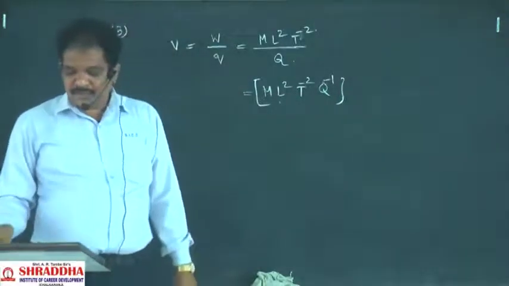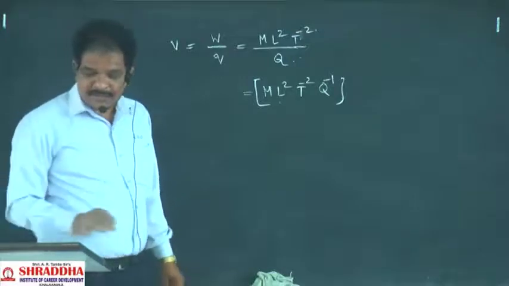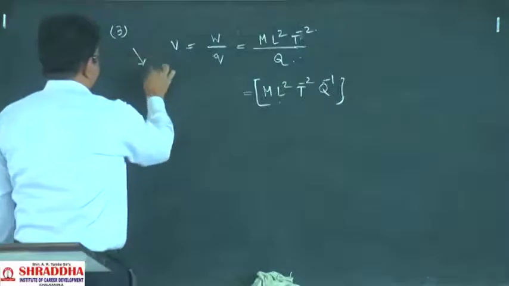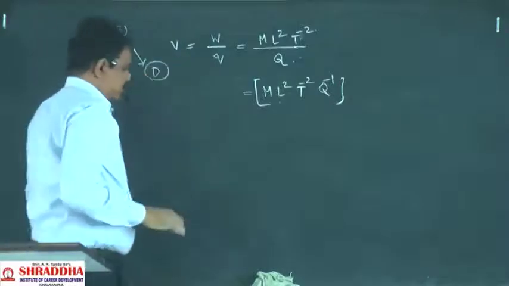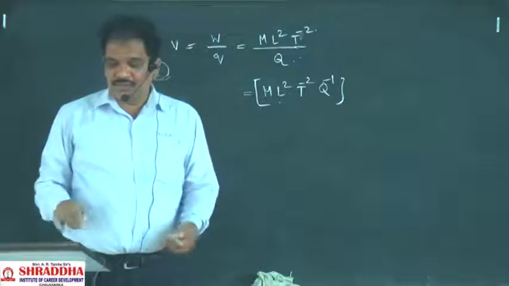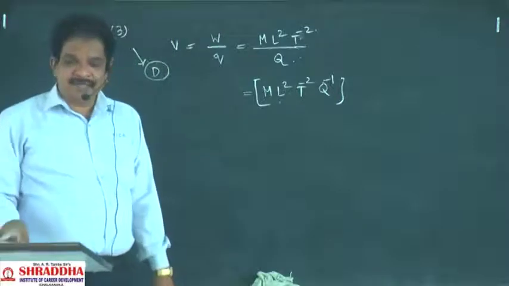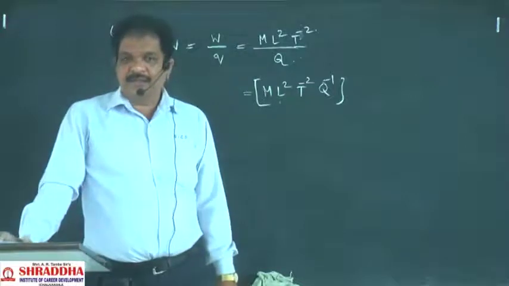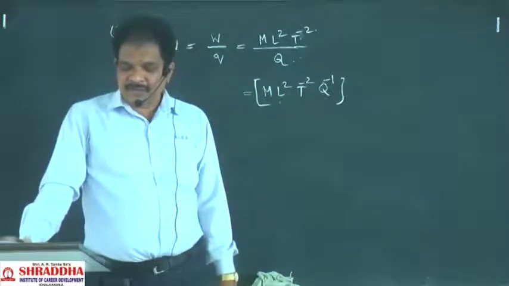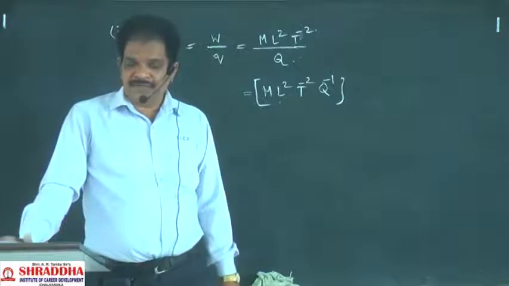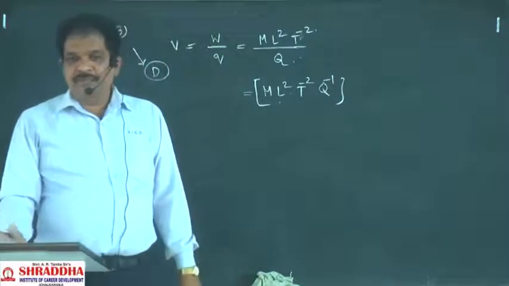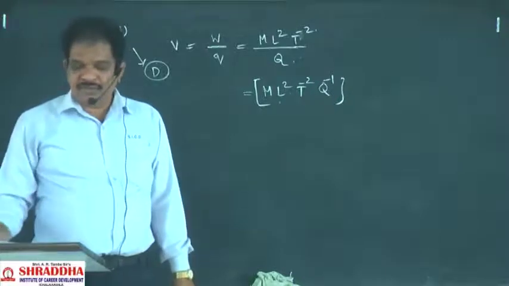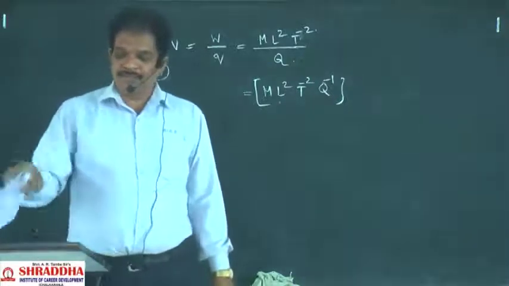So third it will be D. Next, fourth. Candela is the unit of electric intensity, luminous intensity, sound intensity, none of the above. Luminous intensity will be the answer for it. Fourth, it will be B.